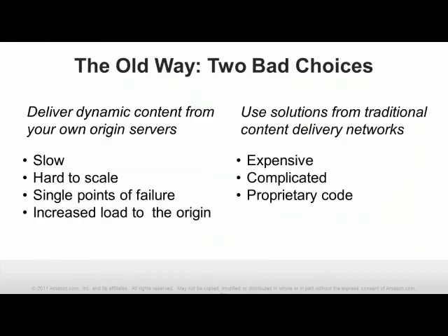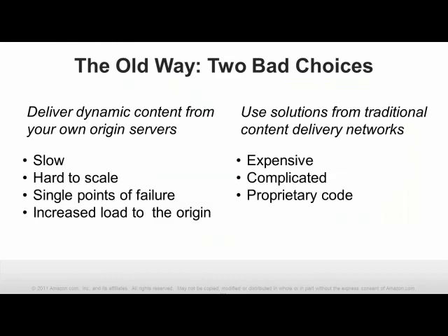So the old way for delivering dynamic content, customers had what we consider to be two bad choices. The first was to use their own origin server and to deliver content directly from those origin servers, so basically not use a CDN at all. This was slow. This was hard to scale. You had to make sure that your origin infrastructure was up to the load that a potential flash crowd could put on it.